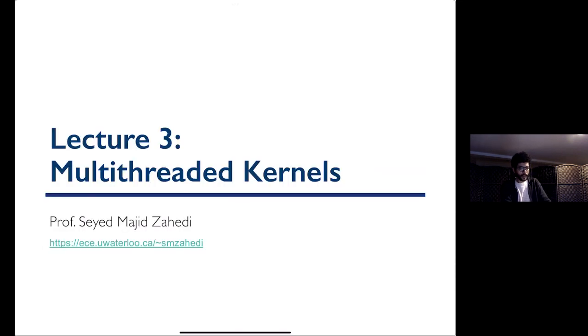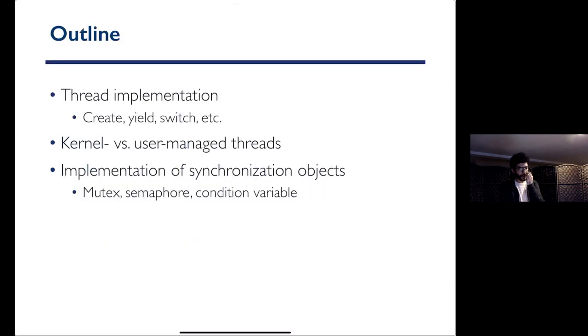Okay, so the third topic that we're going to cover is multi-threaded kernels. What are we going to see? In the first part of this series of lectures, we're going to talk about how we can implement threads. In ECE 252, you've been introduced to the concept of threads and processes, and so far in ECE 350 we just reviewed them again and added some more information about dual mode operation.